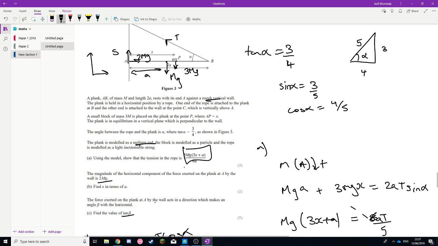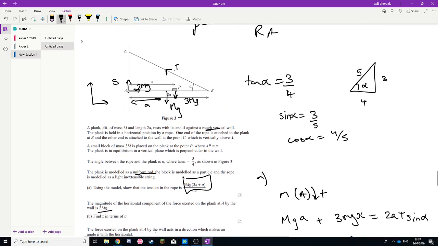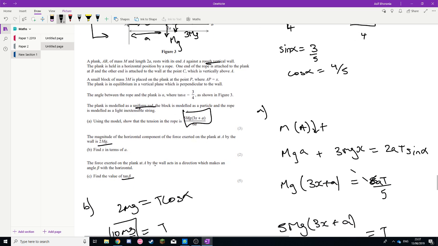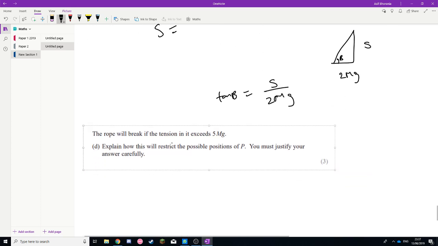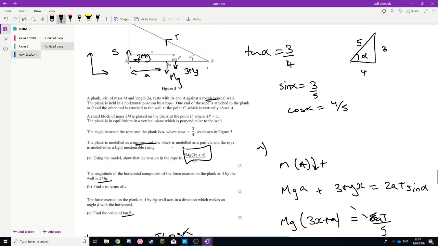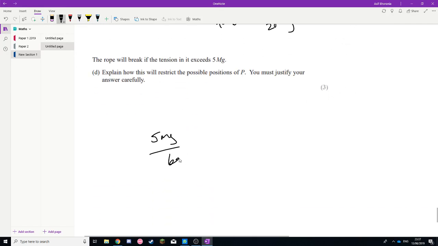So the further away, the greater x, the greater P is away from the wall, the more the greater tension has to be. So basically, A has to be less than some value, which we can work out by saying 5 mg over 6a, 3x plus A has to be less than 5 mg.